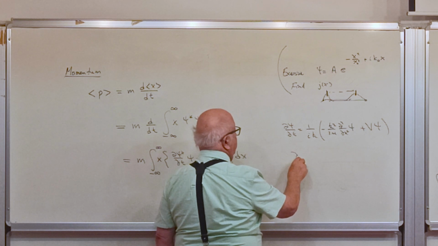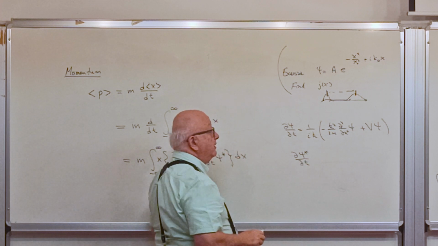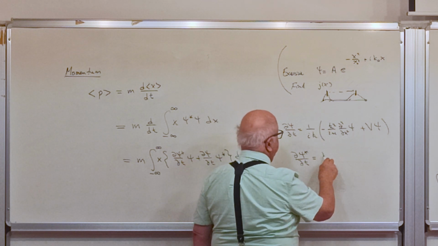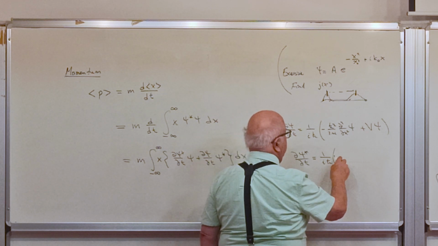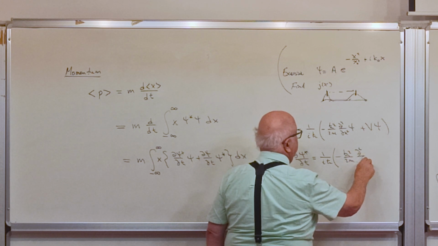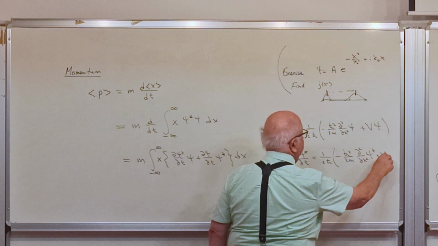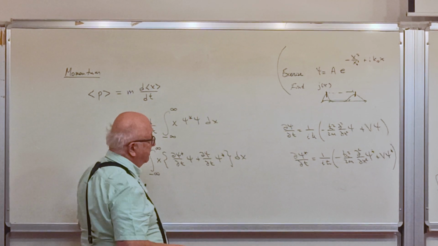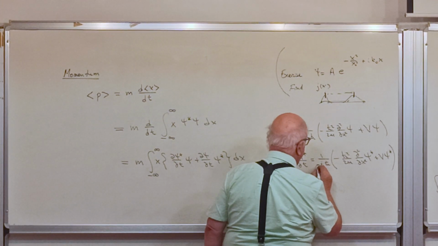And del psi star del t is equal to the complex conjugate, minus 1 over i h bar times minus h bar squared over 2m del squared del x squared psi star plus v psi star. So these things we wrote earlier, but now I need them again. Yes, there's a minus sign here, which is very important.